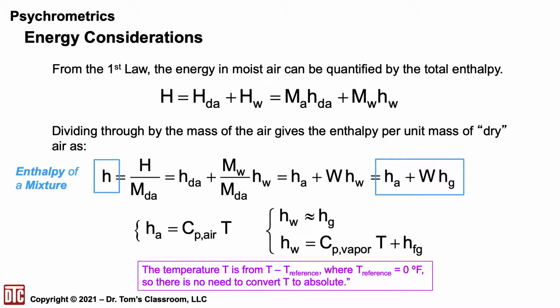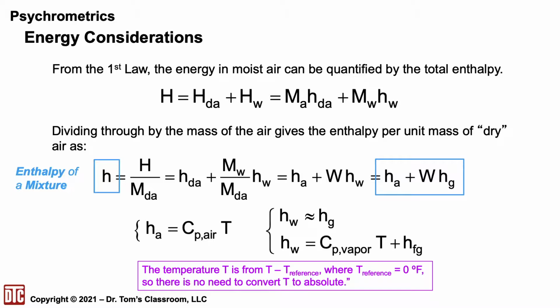So completely dry air at 0 degrees Fahrenheit is defined to have an enthalpy of 0. Can you have negative enthalpies? Absolutely. It happens all the time in Alaska and in the Arctic. Temperatures are below freezing, you don't have a lot of water vapor in the air, and enthalpy is negative. That's fine. It's just saying that the enthalpy is less than the reference value. So we don't have to convert temperatures.